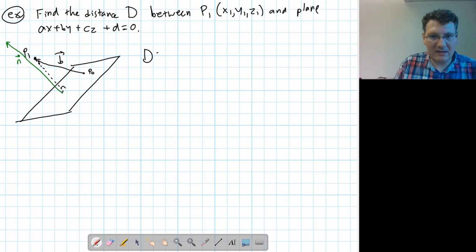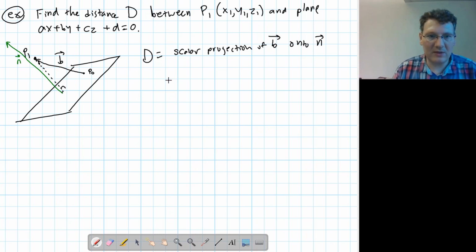So the distance d is going to be the scalar projection of B onto n.